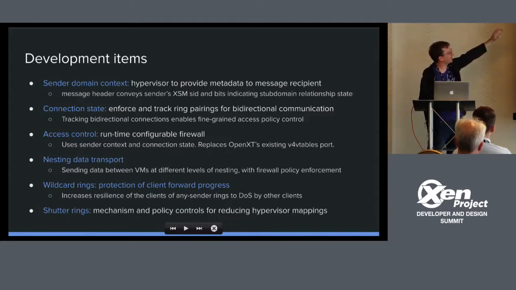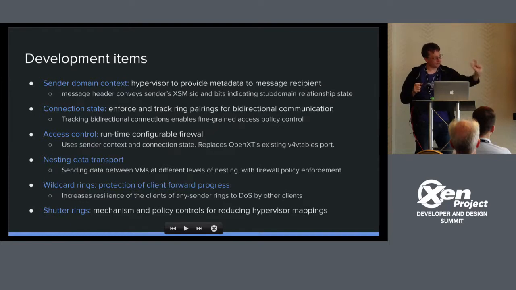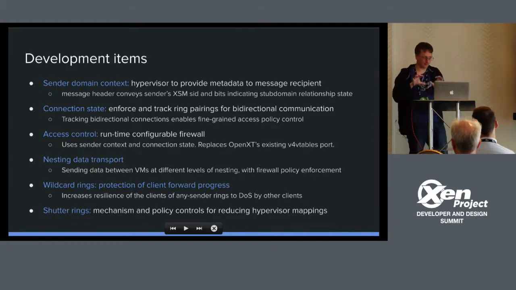The sender domain context is about providing extra metadata in that header. So when the message arrives at the destination, you actually get the XSM security identifier of the domain that sent it to you, so that you can reason about where this thing really came from. It's basically enabling reasoning about XSM policy inside your guest.